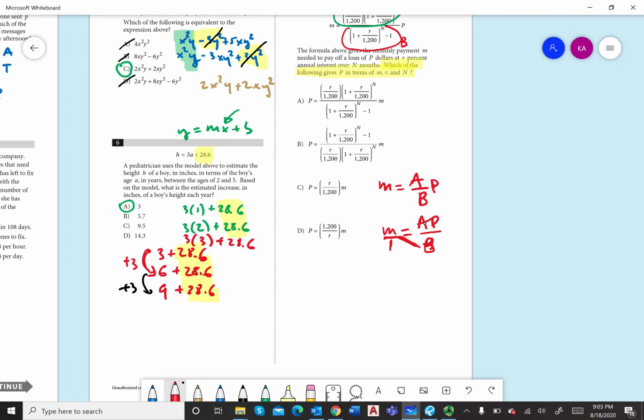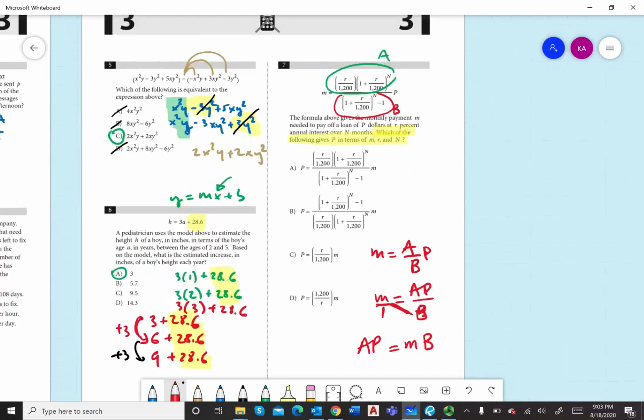So in other words, A always goes with P, and M always goes with B. All you have to do is look at all the other formulas where that rule is maintained.